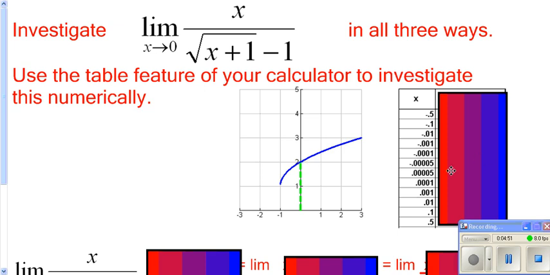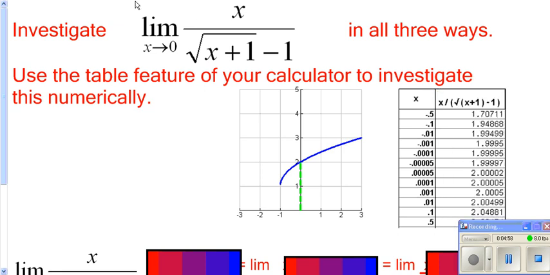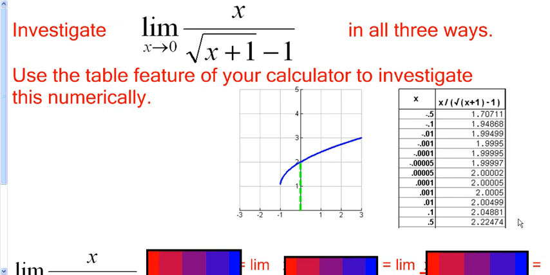Once again, with your function in your y equals, you can go ahead and look at it numerically. You go ahead and you continue to put in numbers closer and closer to 0 for your x values. And when you do that, you'll notice on each side you get closer and closer to 2. So from a table, number-wise, we would say we're having a limit of 2.